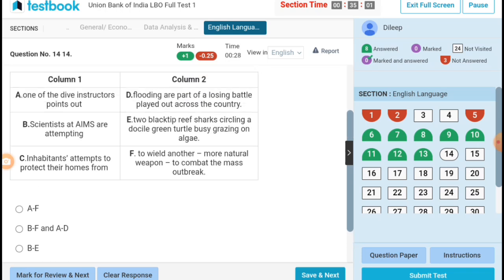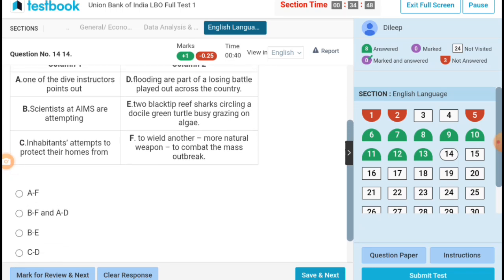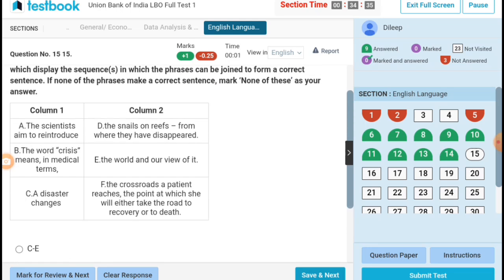One of the dive instructors points out, think CD only. The scientists aim to reintroduce this.